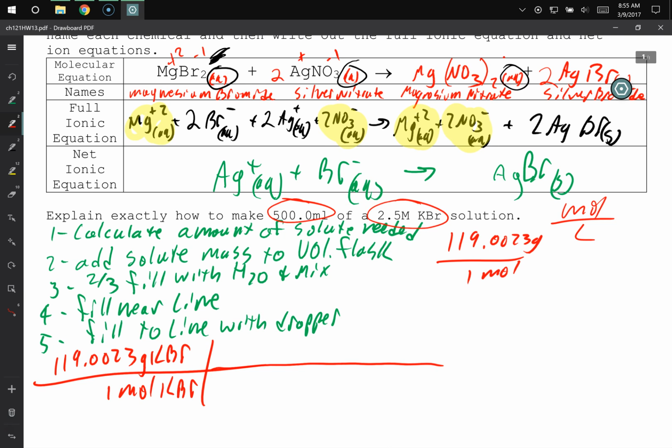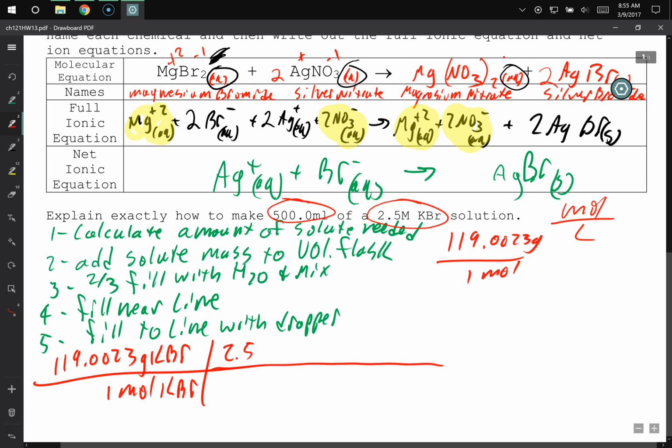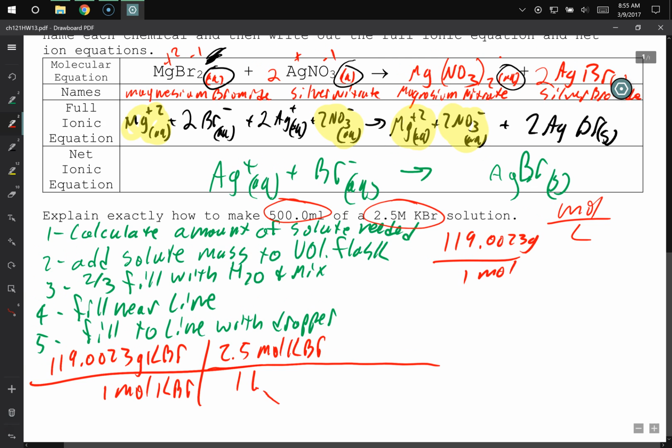Oh, was I given something that had moles in it? So I'm going to go with 2.5 moles of KBr per 1 liter of solution. Sorry, just leave it at 1 liter. And when I do that, I'm going to go ahead and cancel out my moles of KBr.